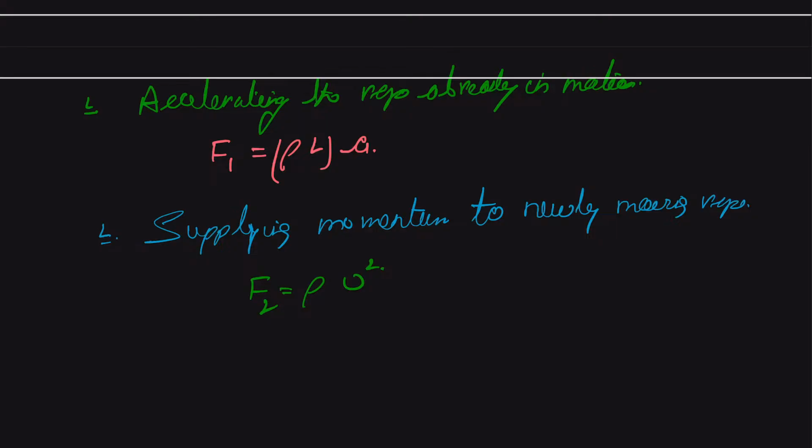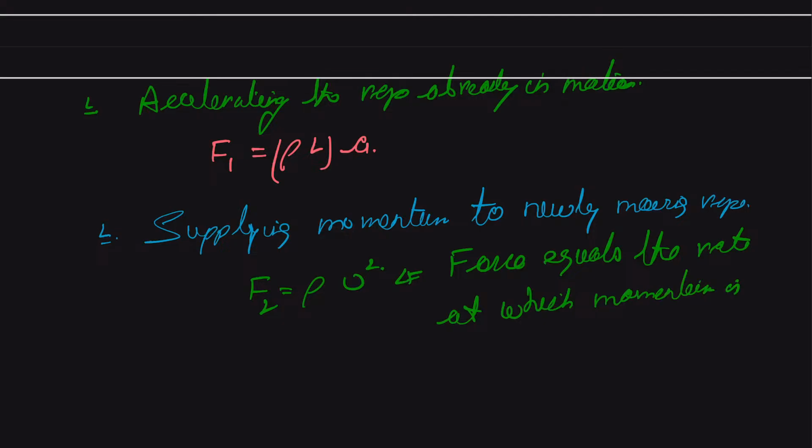In terms of momentum, we can easily say that the required force equals the rate at which momentum is added. So on the basis of this, we can write that force equals the rate at which momentum is added, which gives us rho v square.